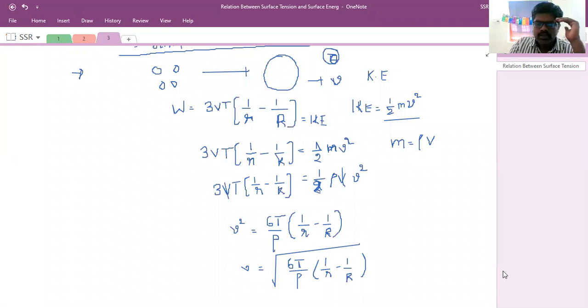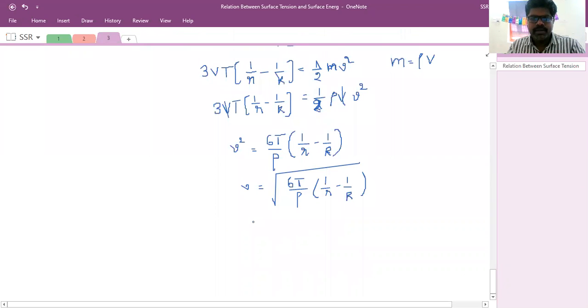Yes, very good. Now the same process, I said, happened isothermally. Suppose the same process happens adiabatically. What can you expect?